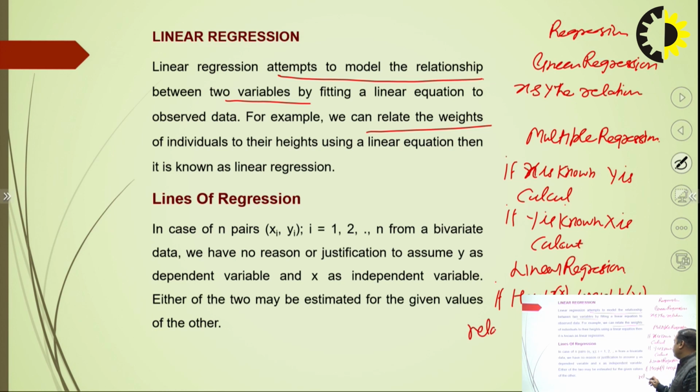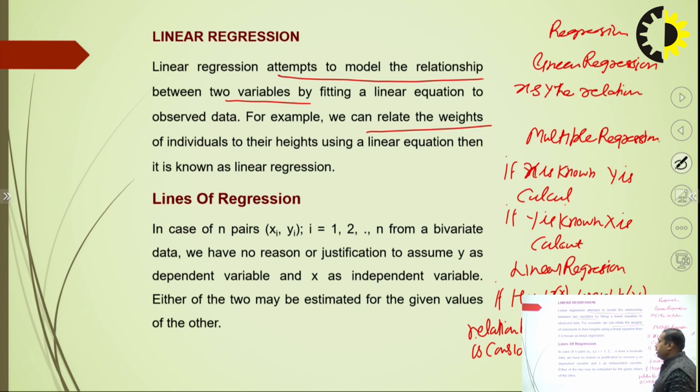The relation between height and weight is considered under linear regression. That means height and weight, weight and height. There are two variables, so we are studying in this category of linear regression.